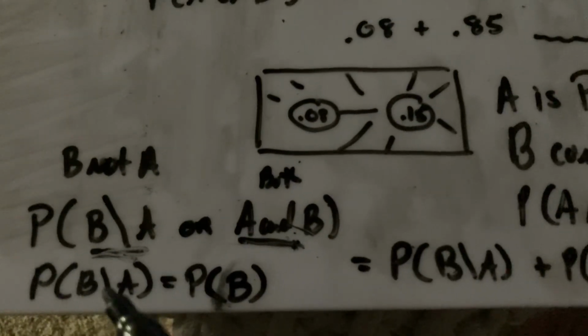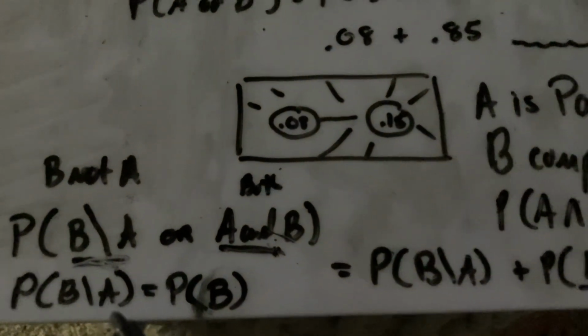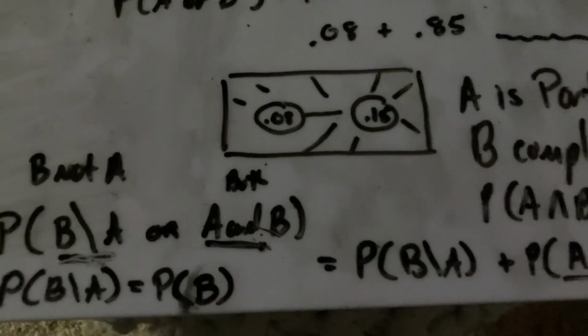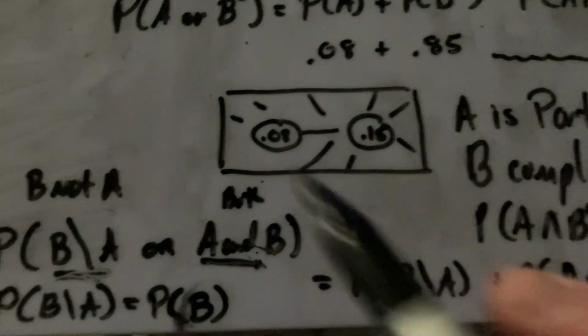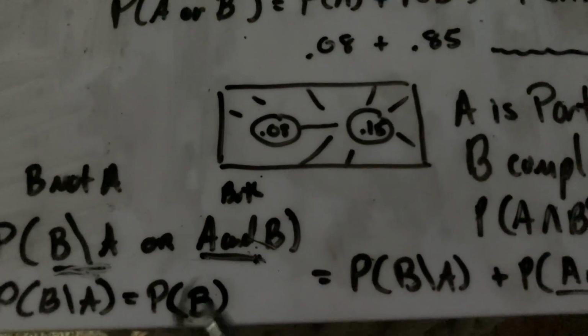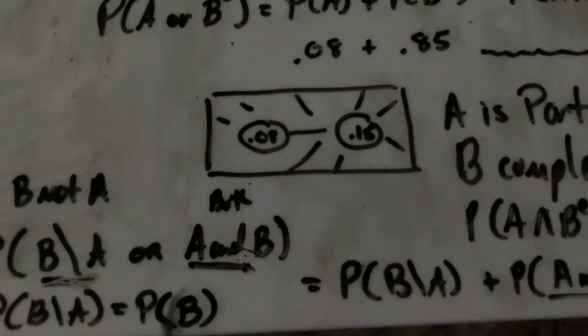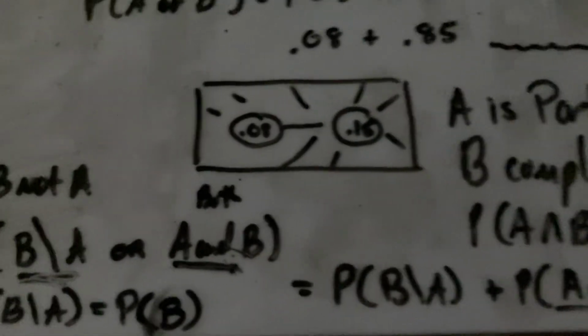So all of B that's not in A, because there isn't any intersection, is just going to end up being the probability of B. So that should be 0.15. And that part is 0. Okay, I hope that helps.